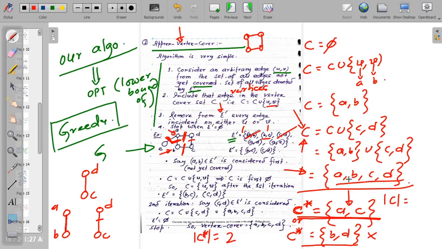C consisting of A, B, C, D. Tell me, if C star is 2, then what is the cardinality of C? In the set C star we have 2 elements. In C, how many elements do we have? 4.